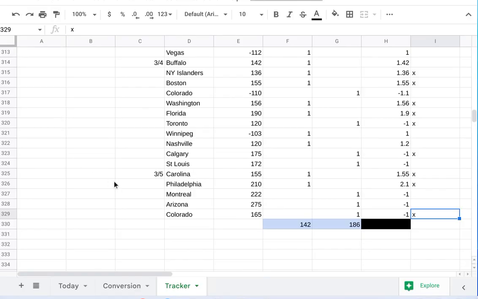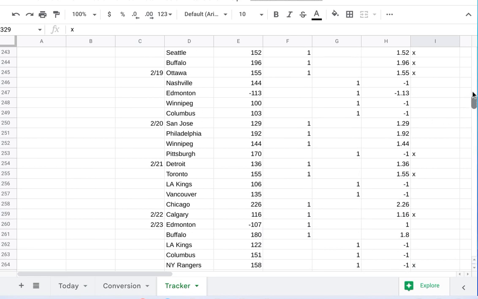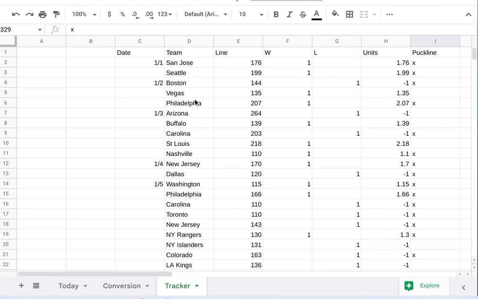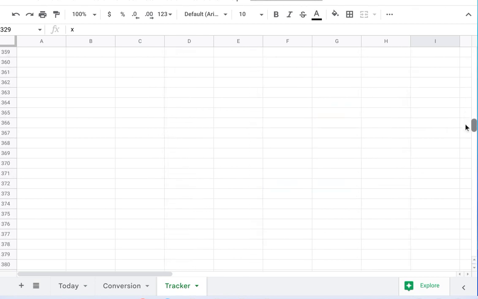So we're going to dive over here. This is my NHL betting log from the model. This is a 100% plug and play model, and you're looking at the log from January 1st all the way up until yesterday.